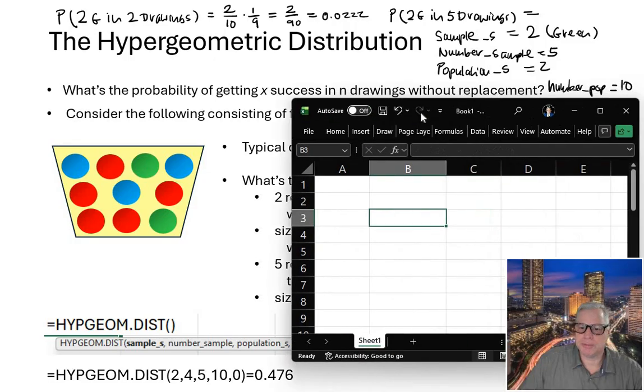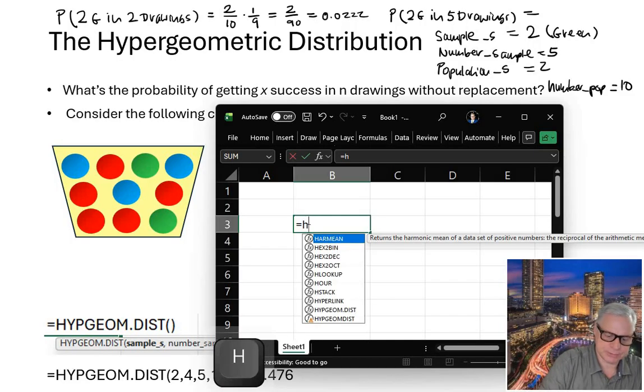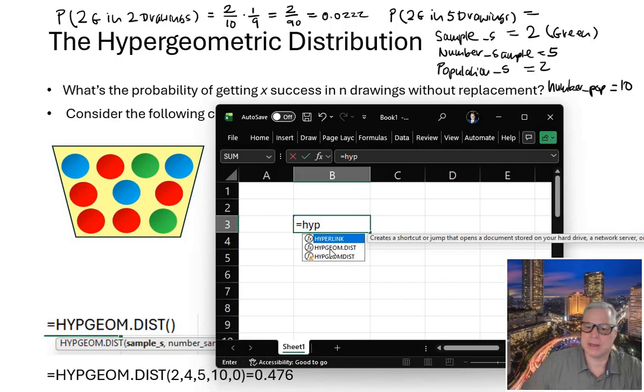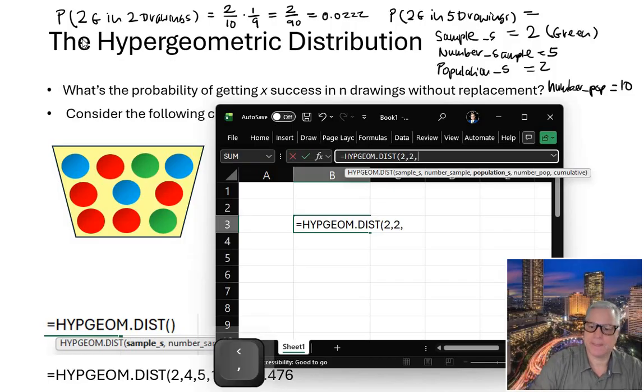Let's see how that works in Excel. Let's pull up an Excel sheet here and first replicate the first one, the 0.022. We call the function HYPGEOM.DIST. Sample successes: I want the 2 green balls. How big is the sample? In the first one it was also 2. Then how many successes are in the population?